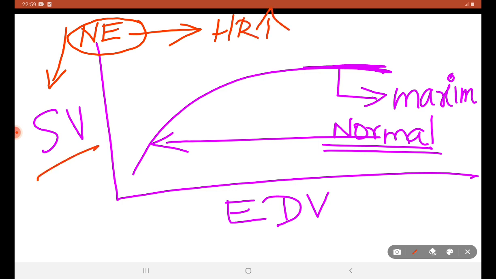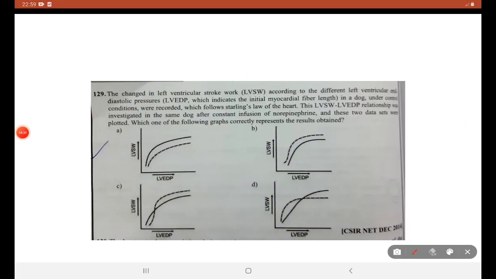So this will increase. The question here does not make clear whether the dotted line shows norepinephrine infusion or the normal condition. So we are not able to conclude an answer for this graph. But this is the concept behind this question of Starling law and Frank law.